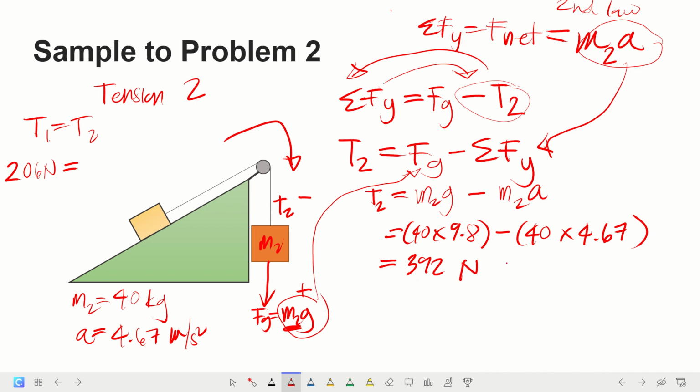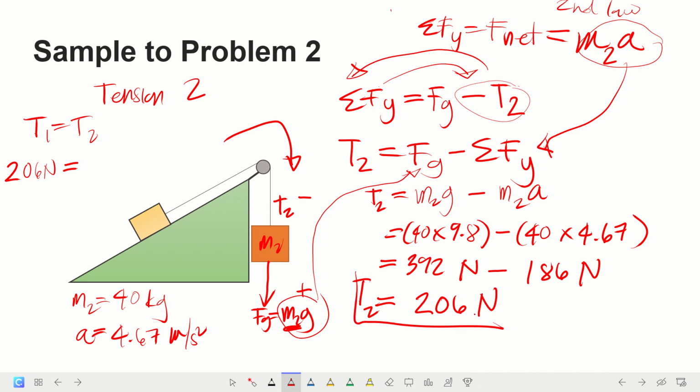And then, 40 times 4.67 is approximately 186 newtons. 392 newtons minus 186 newtons is equal to, yung tension number 2 natin is 206 newtons. So, tension 1 is equal to tension number 2.